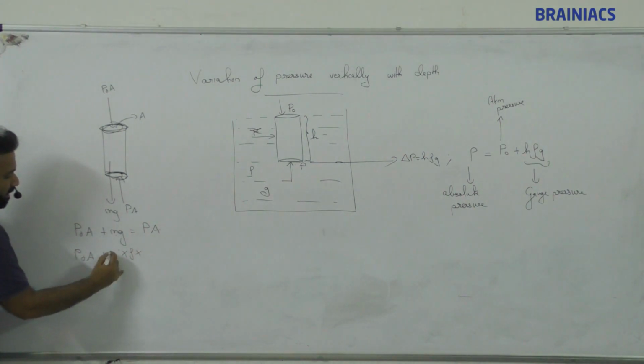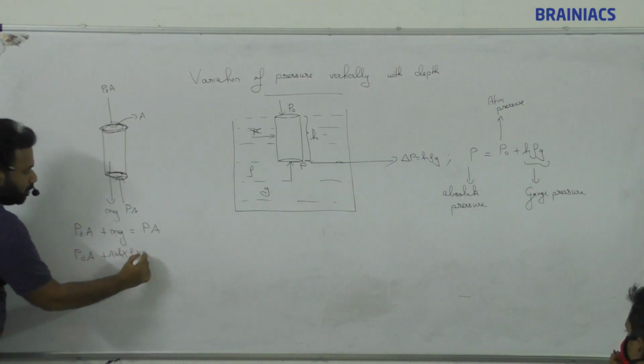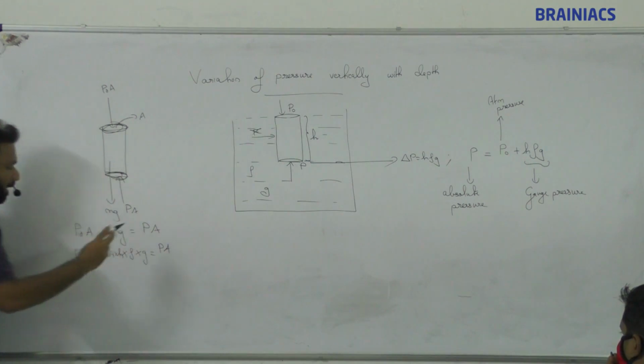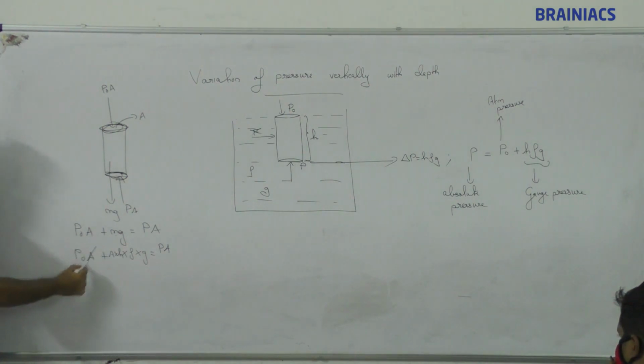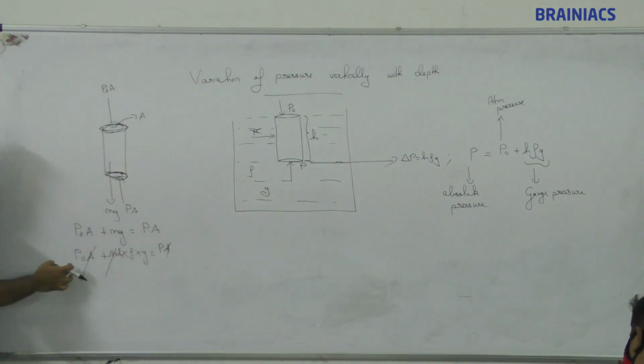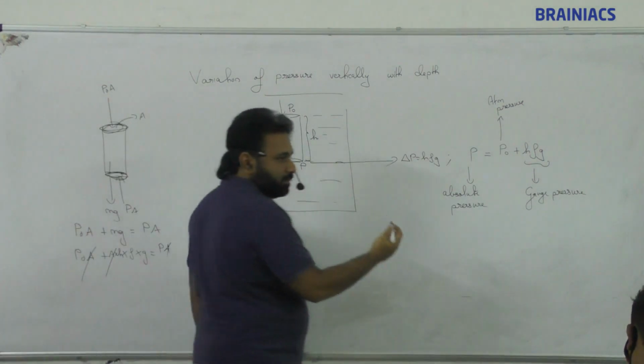Volume is nothing but area into height, so A into h into rho into g is equal to PA. Correct? That is how this formula comes.